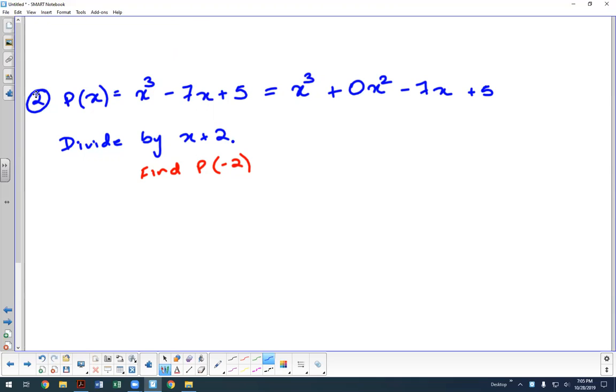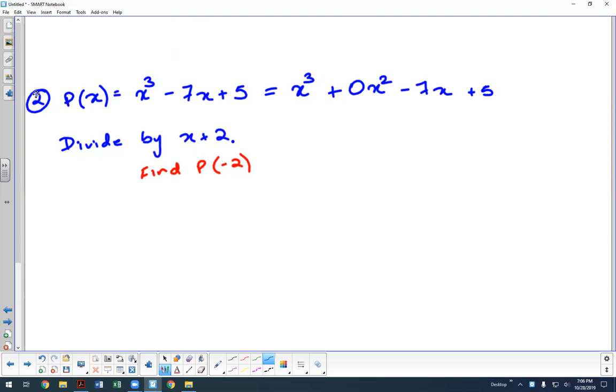If we were doing ordinary division or long division, we would just take our polynomial and divide it by x plus 2. Since we're doing synthetic division, we're only interested in the number itself, so that's going to be -2. All right, so let's set up our synthetic division here. My leading coefficient for the cube term is what?